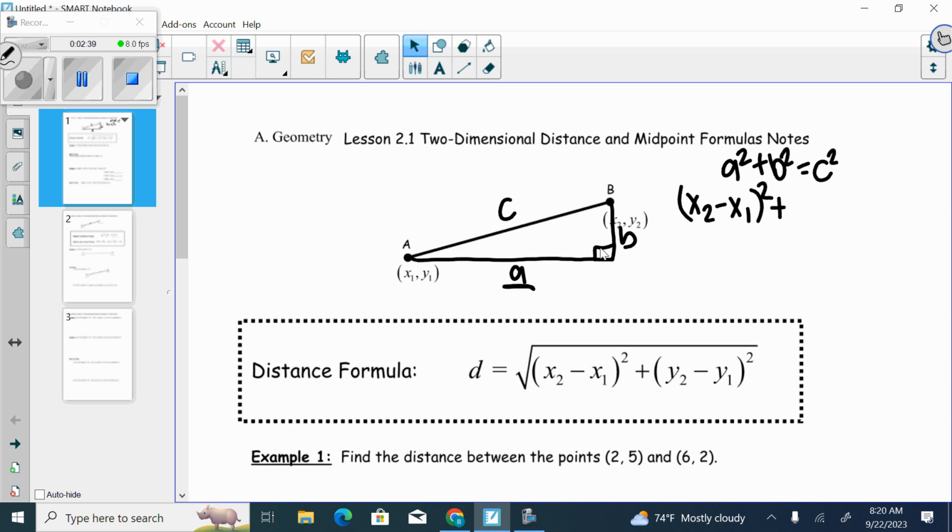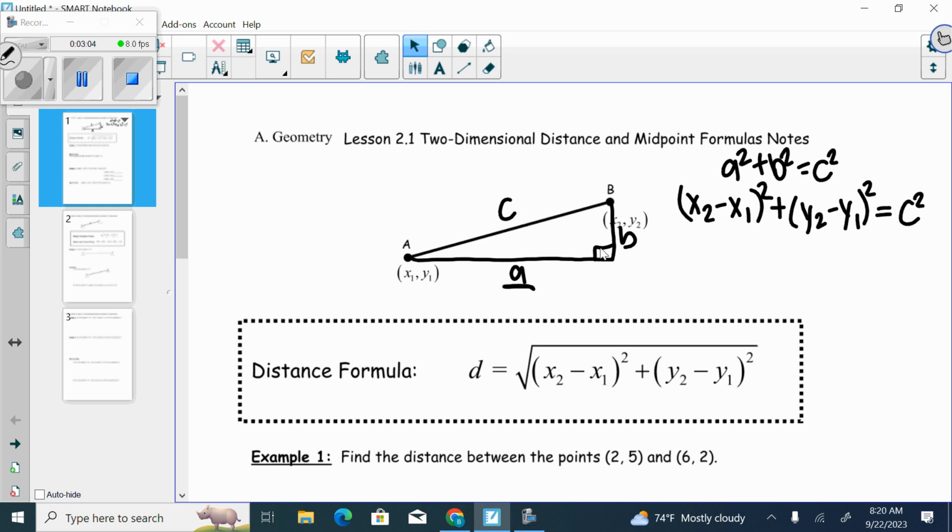B is this side over here where I'm going up, right? Again, if I wanted to find the length of that line, I would just subtract my y2 and y1, right, to figure out the difference between the two. So y2 minus y1, again, the formula says to square it, is equal to, it says c squared, that side we're looking for, right?